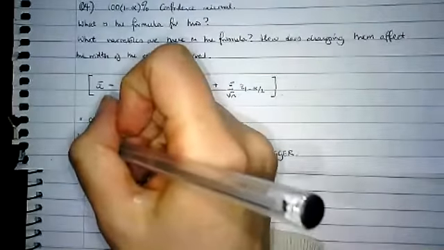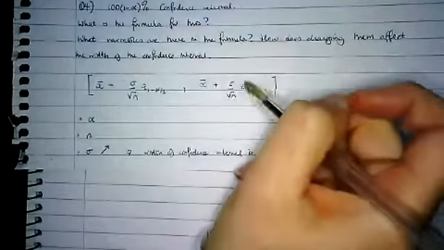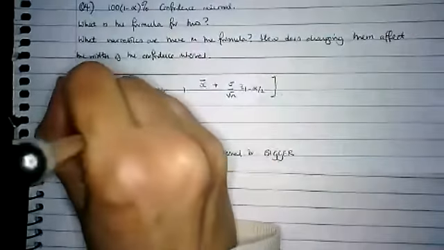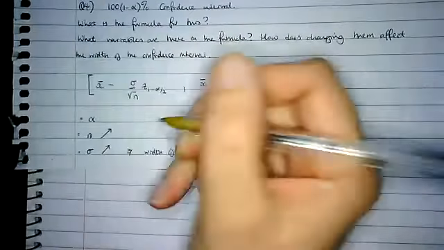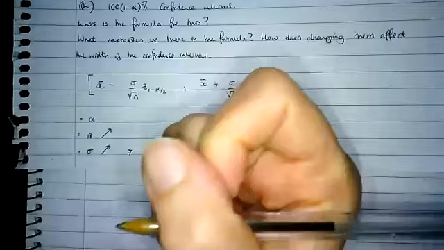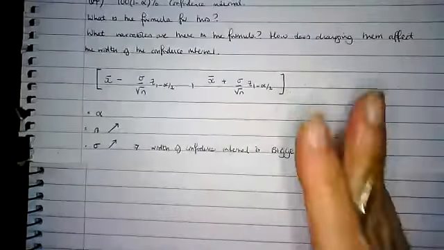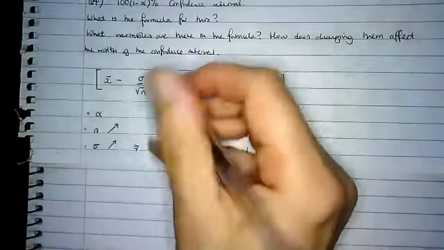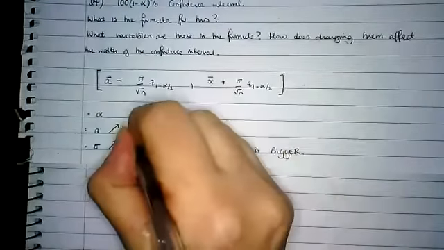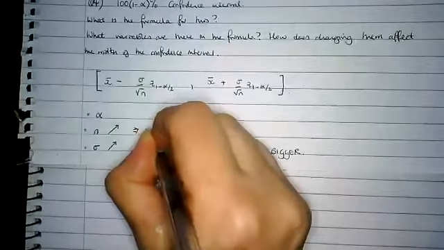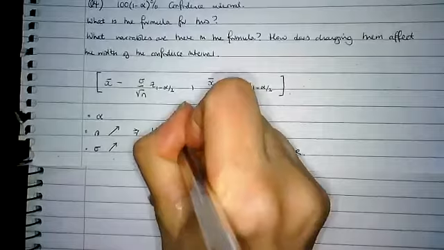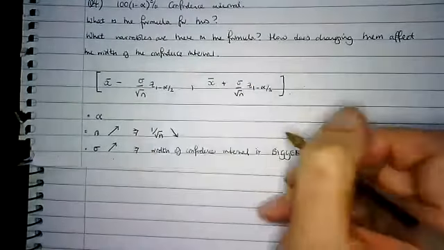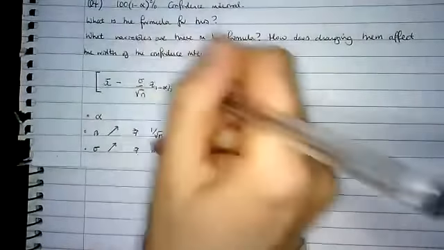The second factor that we've identified as something that might change is n, the number of observations that we're making. If I were to increase the number of observations, maybe I go from an experiment where I'm observing 10 pieces of data to an experiment where I'm observing 100 pieces of data, I'm putting a lot more effort in. Increasing n is going to make the factor 1 over the square root of n go down, which is going to make the confidence interval get smaller, because this factor is going to decrease.